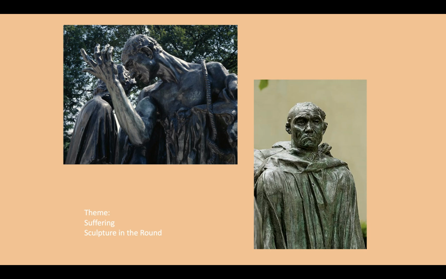And part of it is because Rodin believed very strongly in the story that he wanted to tell. He believed that the story that the city of Calais wanted to tell about Eustace de Saint-Père was not the full story. And so he gave them what he thought they should have and not what they ordered.